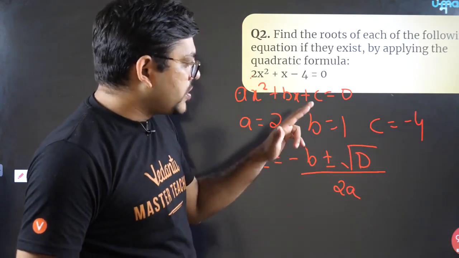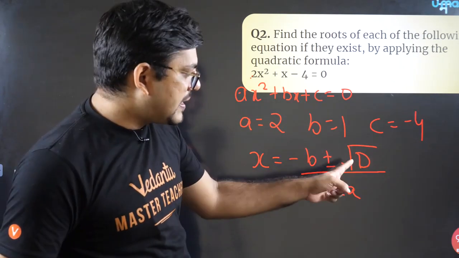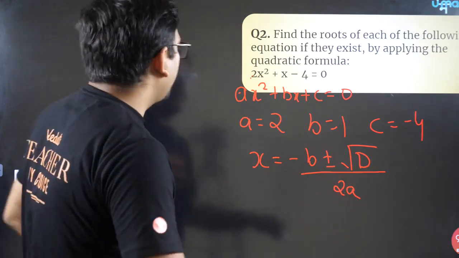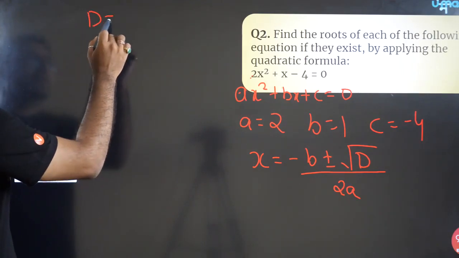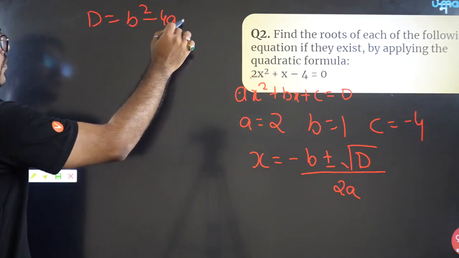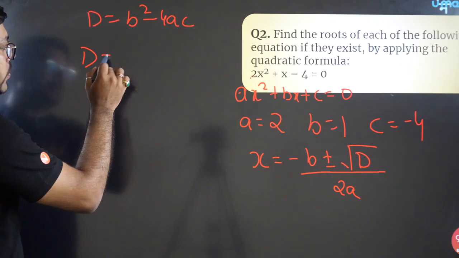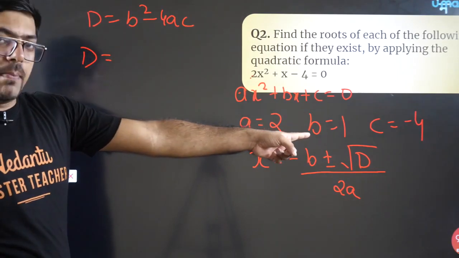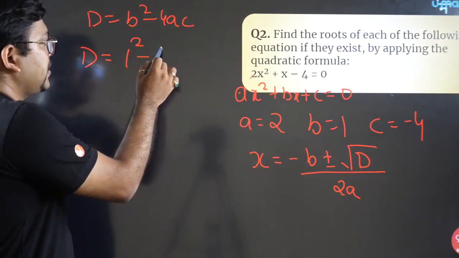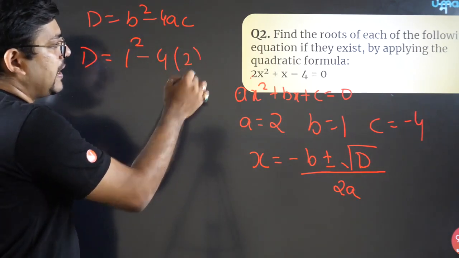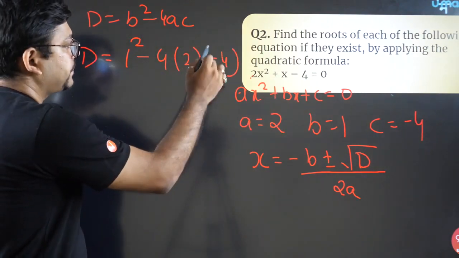So what you can do, just to make your calculation easy, you can find the discriminant first. So if you'll be finding discriminant first, you'll be writing D, which is equals to b square minus 4ac, and here you can find the value. b is 1, so 1 square minus 4, a is 2 and c is minus 4.